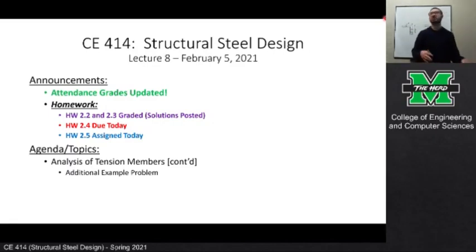Sometimes it's net section fracture, sometimes it's gross section yielding, and it just depends on the connection. If we talk about that homework problem, what if I used bigger bolts? Well, that would mean an increased hole diameter, which would mean a lower net area, right? Or what if I arranged the bolts in a different fashion? That can mean a lower net area such that that limit state governs. So that's why you have to check both.